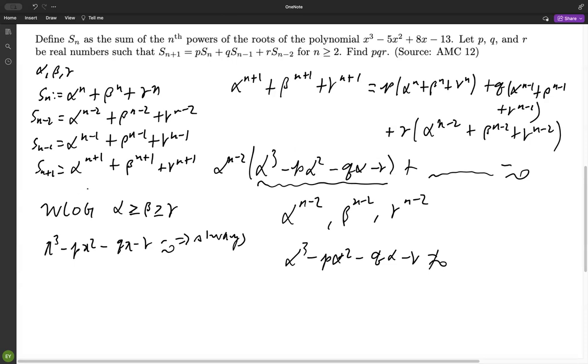Because if we substitute alpha here, we get 0. If we put in beta, we get 0 for the second one. If we put in gamma, we have our last one equals 0. So if we have this equal to 0, then the left-hand side will always be equal to 0 and is not affected by the changes in n. Does that make sense?